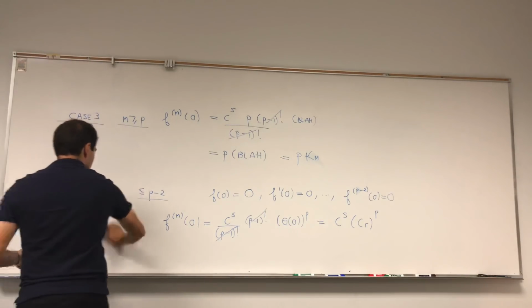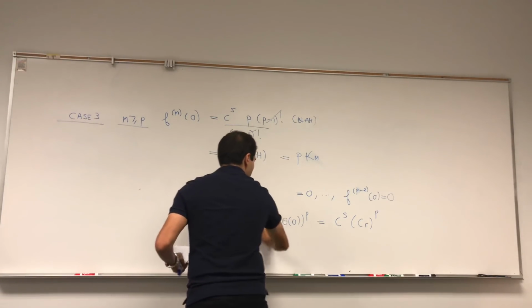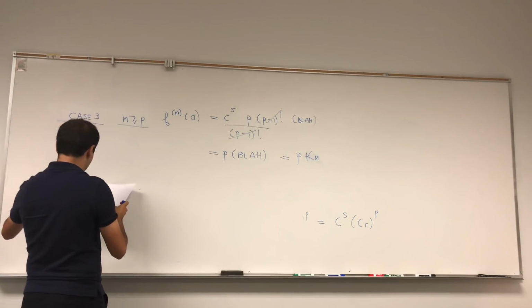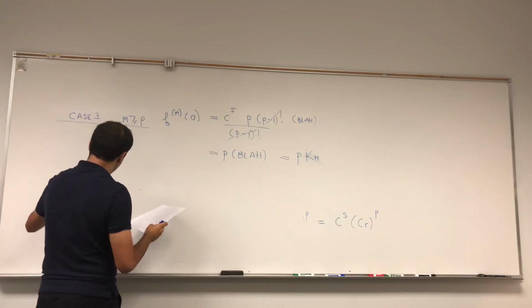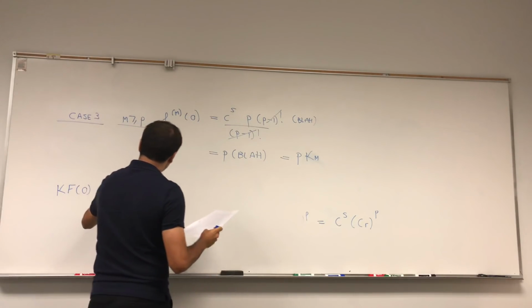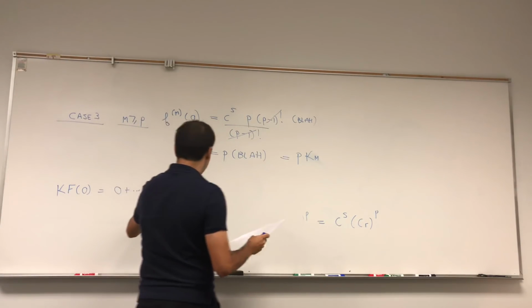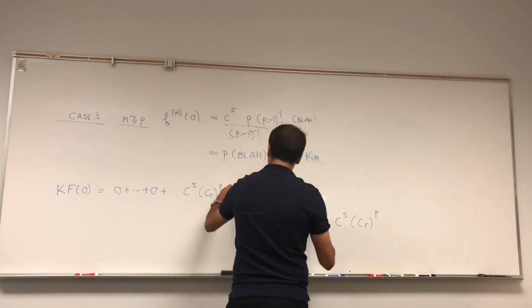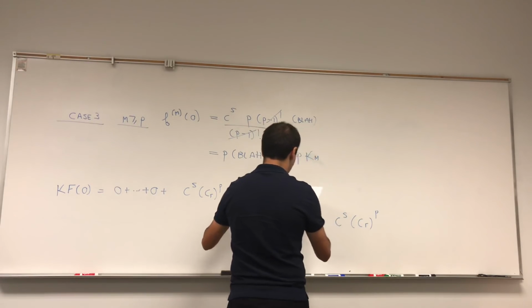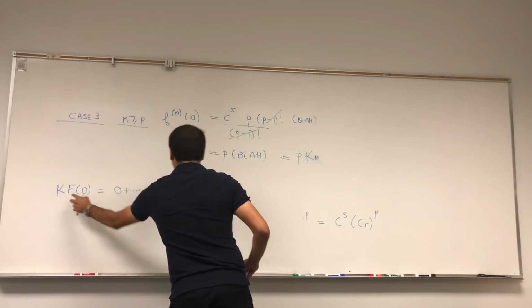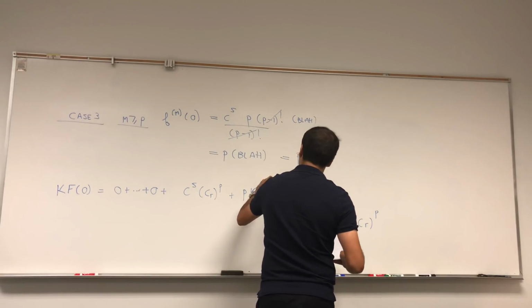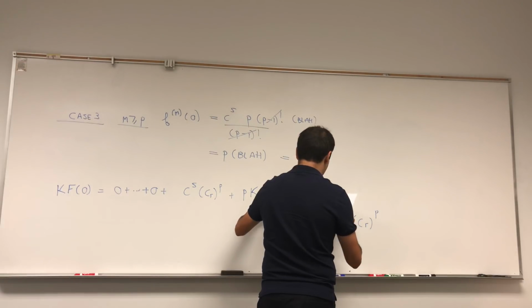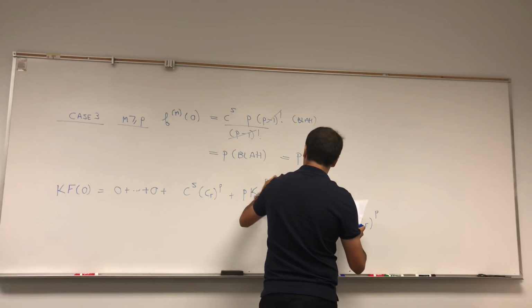So again, in fact, k f of 0, that's just a bunch of zeros, 0 plus 0 plus c to the s, c r to the p, plus p k, and then the sum of K_m's, m from p to p plus s, and that's an index.